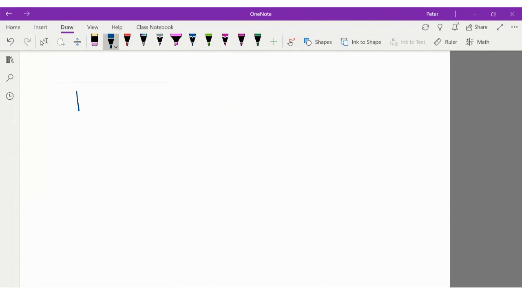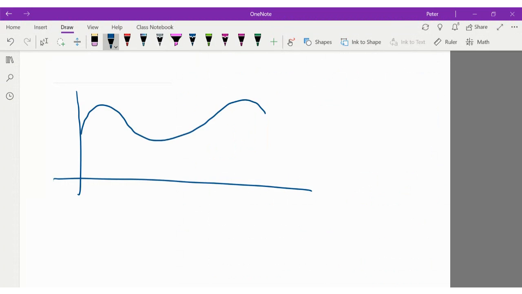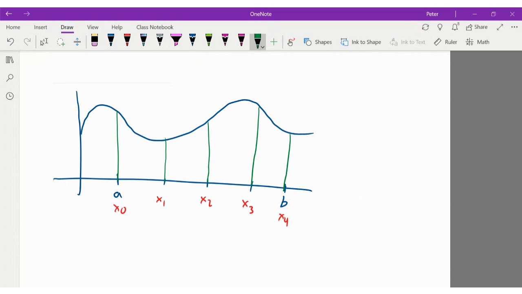So instead, I have something like this, like that's A and that's B. Once again, we'll put in x0, x1, x2, x3, and x4. I realize that one of these doesn't look like it's the same length, so you'll have to imagine that these are all the same length as each other.